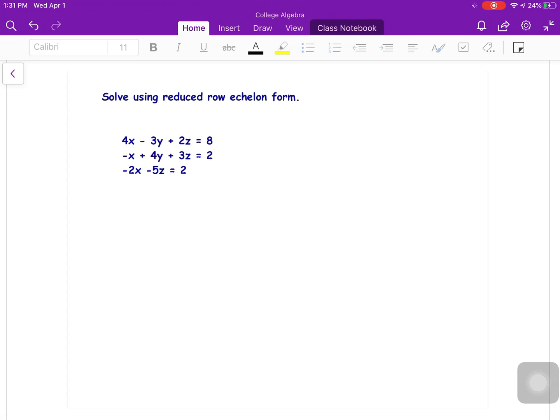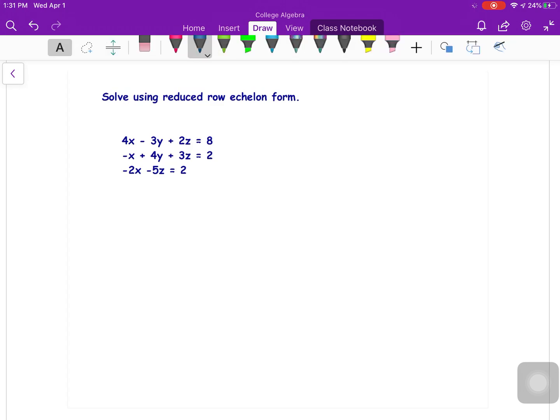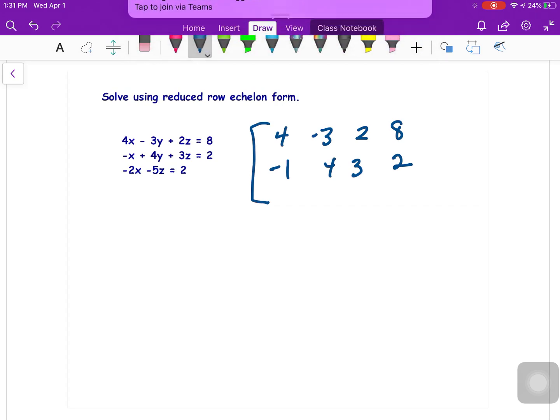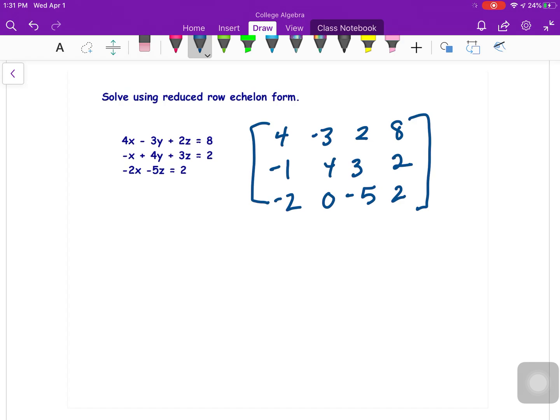To do it by reduced row echelon form, that is where we will use an augmented matrix. So our augmented matrix is 4, negative 3, 2, 8, negative 1, 4, 3, 2, negative 2, 0, negative 5, 2. So you enter that in your calculator, and then you choose RREF.